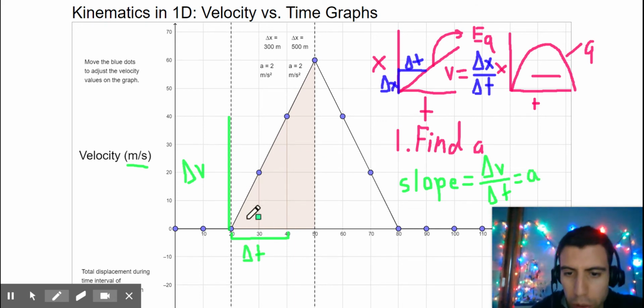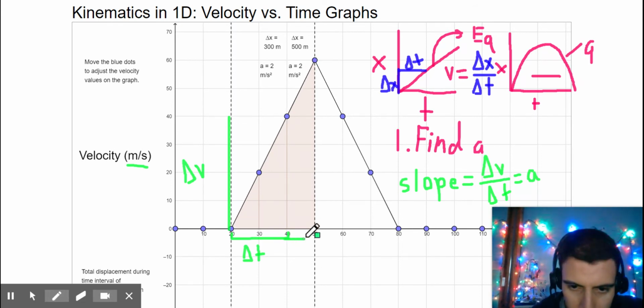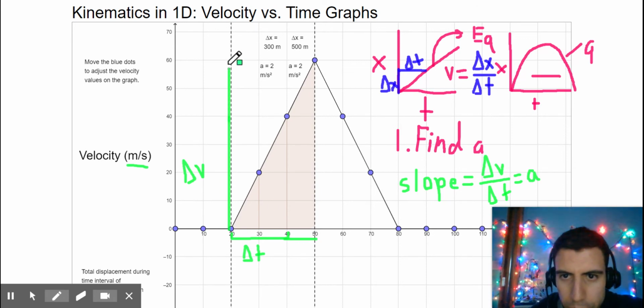So what we're going to do is find the slope of this graph. I'm going to do this subset region here that I've highlighted in beige. So let's find our A here.